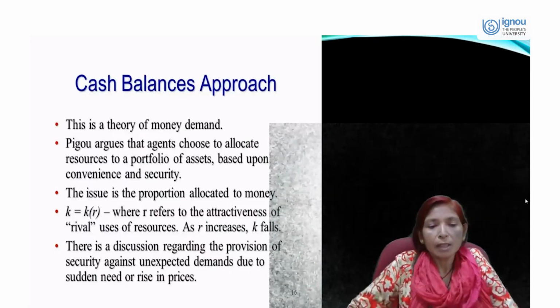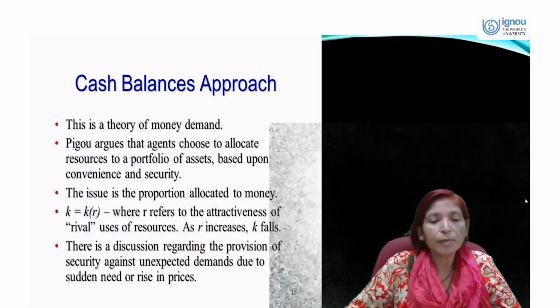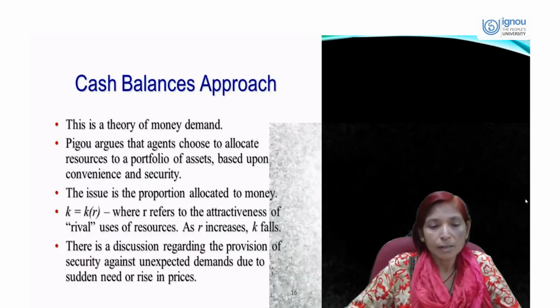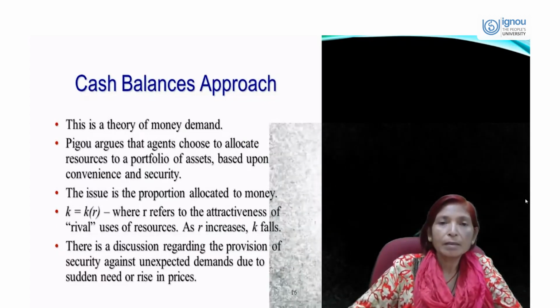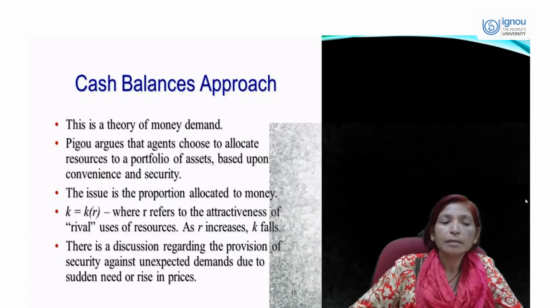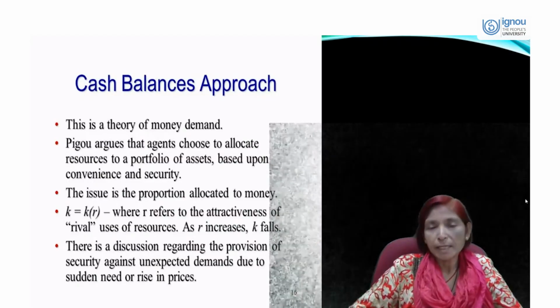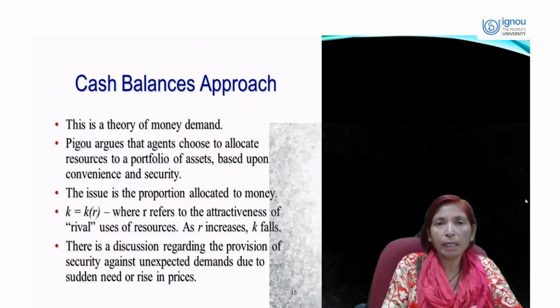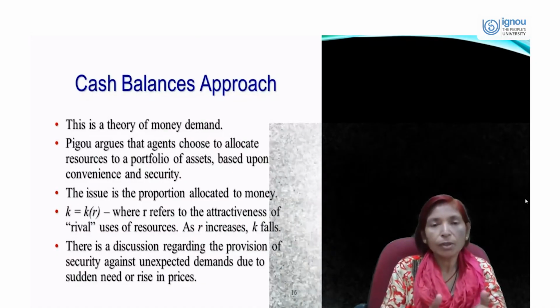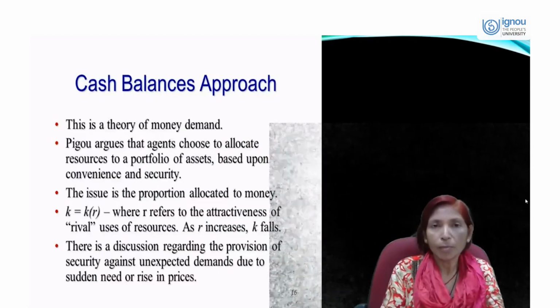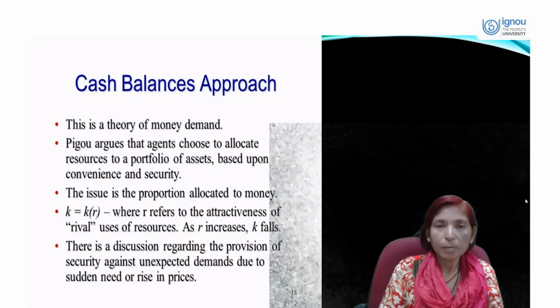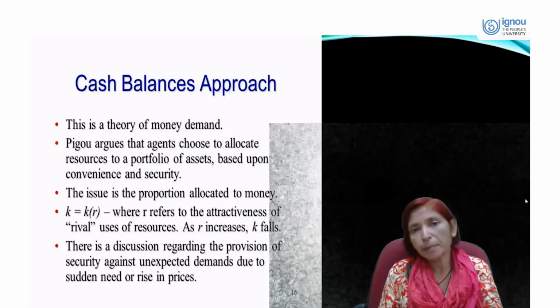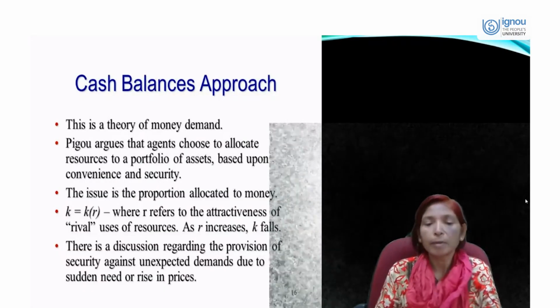So there is a discussion regarding the provision of security against unexpected demand due to sudden need or a rise in price level. So K is the proportion of money income which everyone wants to keep in cash form for transaction purpose, for precautionary purpose, and for speculative purpose.